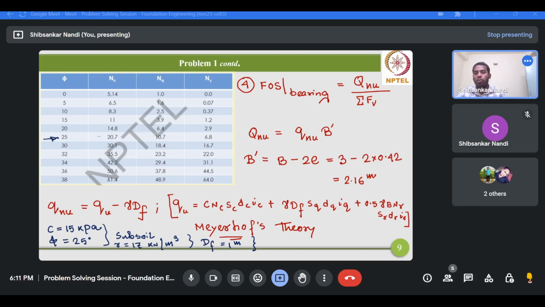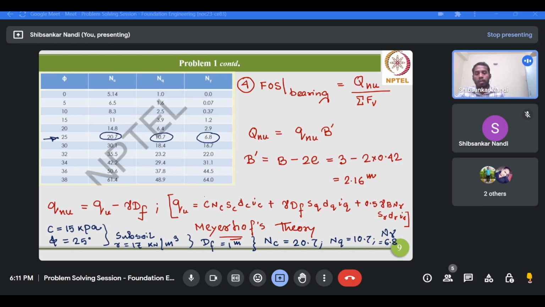Corresponding to phi equals 25 degree, you will get the Nc value, Nq value, and the N gamma value. Nc is 20.7, Nq is 10.7, and N gamma is 6.8. Okay, so these are the bearing capacity factors.